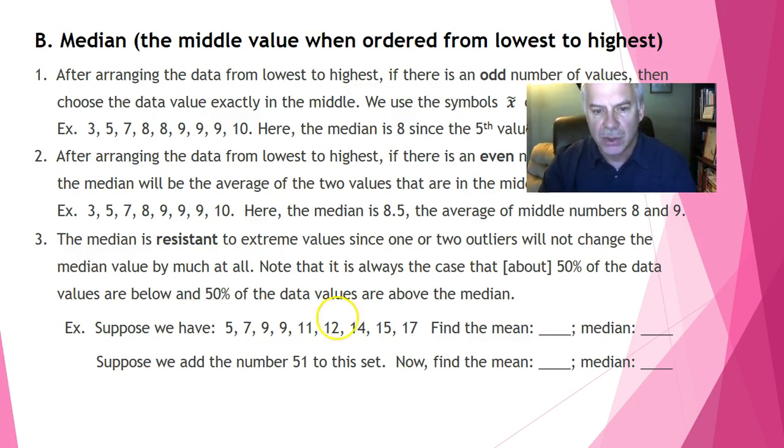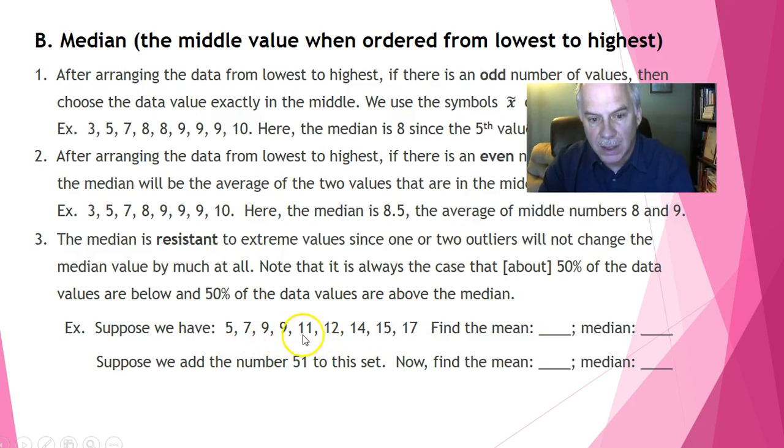Suppose we have the data set 5, 7, 9, 9, 11, 12, 14, 15, and 17. Find the mean and find the median. Well, for the mean, we're going to add those numbers up. Go ahead and add them all up and divide by how many you have.